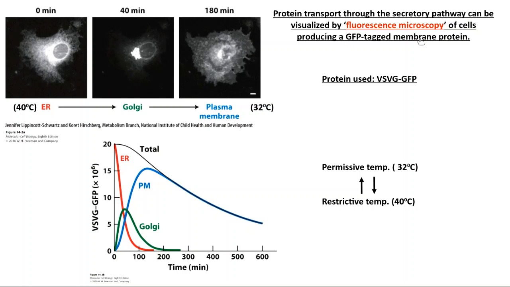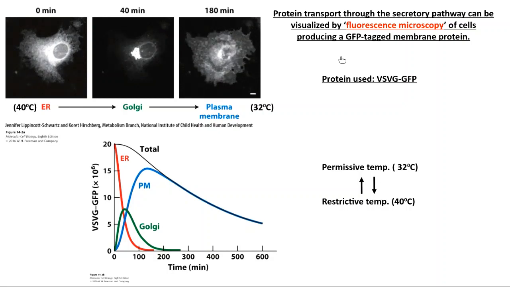This GFP tagged membrane protein is called vesicular stomatitis virus G protein, or VSV-G protein. It's a typical type 3 viral membrane fusion protein. We won't go into details about VSV-G protein because that's a whole new chapter in itself.